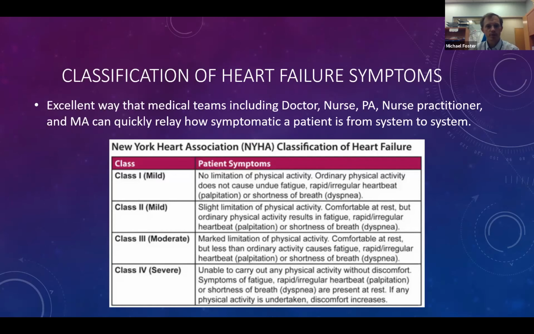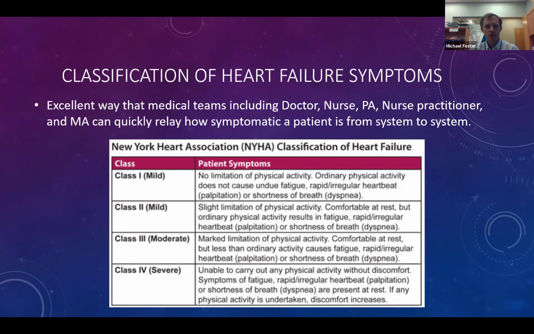Doctors and the medical system in general may talk about symptoms of heart failure patients in a classification scale that is historic and referred to as the New York Heart Association classification. This is a very easy way to discuss a patient's current symptoms with another physician, a mid-level provider, or a medical assistant, and it will be very quickly interpreted as mild, moderate, or severe.